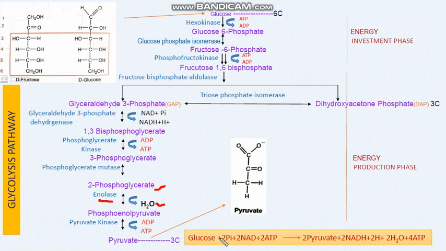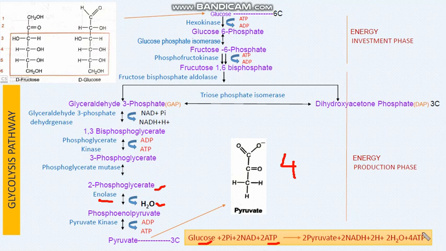So if we look at the overall reaction of glycolysis, there is a production of two pyruvate molecules, two NADH, two hydrogen atoms, two water molecules, and four ATP molecules from one glucose molecule, two inorganic phosphate, two NAD, and two ATP molecules. So the net gain of ATP molecules in this process is 2.